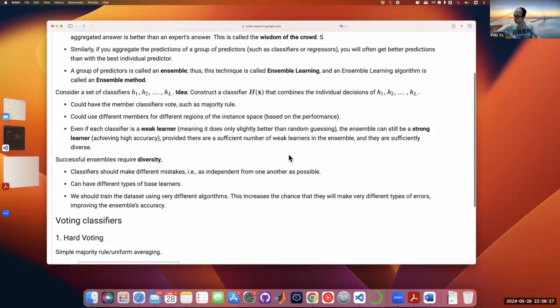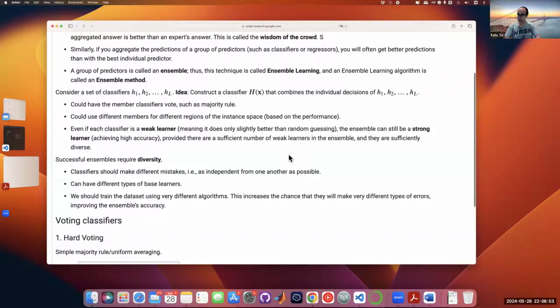Many times you can think about this for decision trees. If we use a lot of depth, we will have overfitting. But if I perturb the data a little bit, the structure of my decision tree will be completely different.